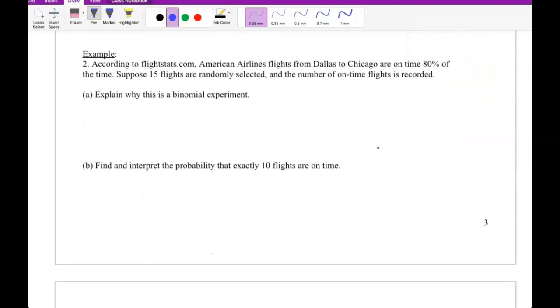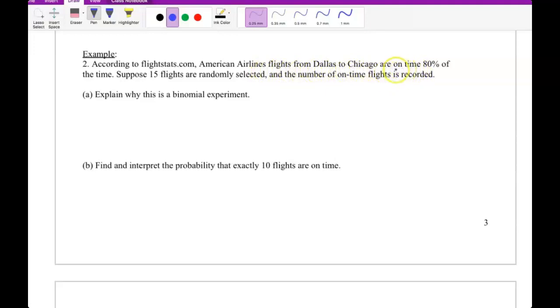Now let's work on an example. On this part, according to flight stats, American Airlines flights from Dallas to Chicago are on time 80% of the time.